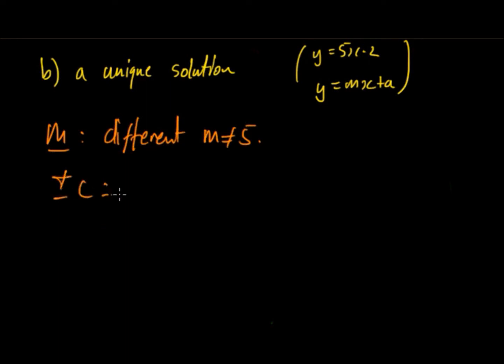And then the plus or minus c, we don't care. So that means when m doesn't equal 5, a can be whatever we want, and we still get a unique solution.